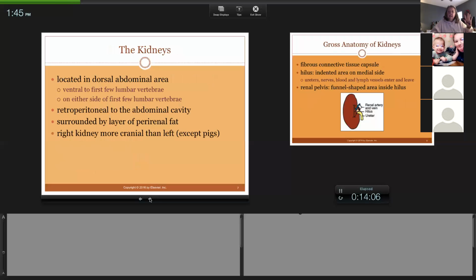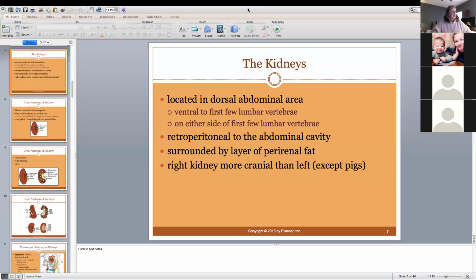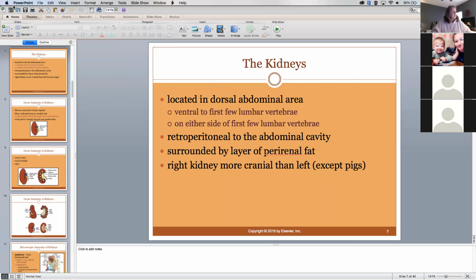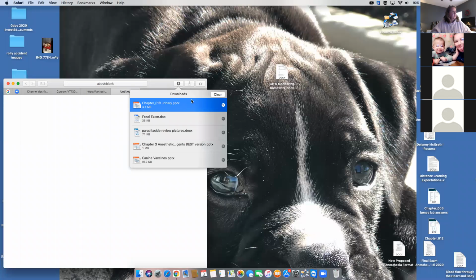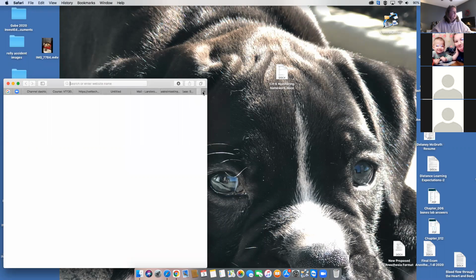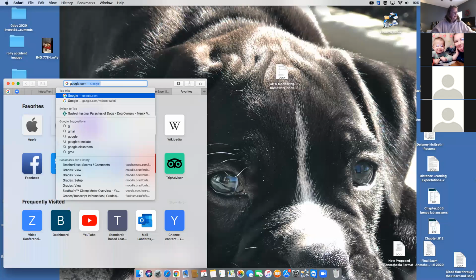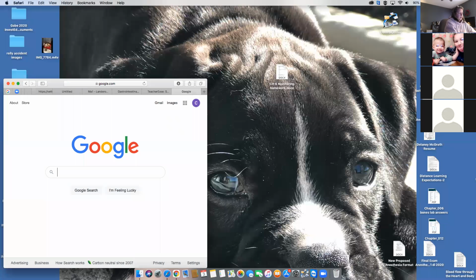You have to understand where the kidneys are in relationship, and let me see if I can pull up this picture here. Hold on a second. Because I think it'll be easier to look at a picture.